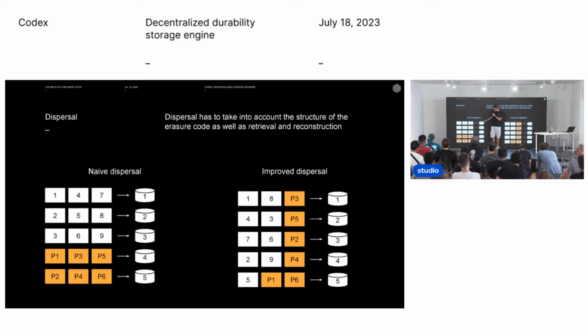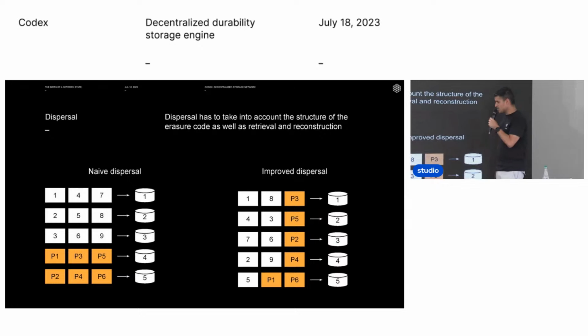Also, when you want to regenerate data because of some failure and you want to repair, here you would most likely have a lot of stress on these 2 nodes because they have all the encoded data, while here it is distributed among all the nodes, so you can ping all the nodes and they can participate in the reconstruction equally. So this is an improved dispersal strategy that we have designed in Codex.